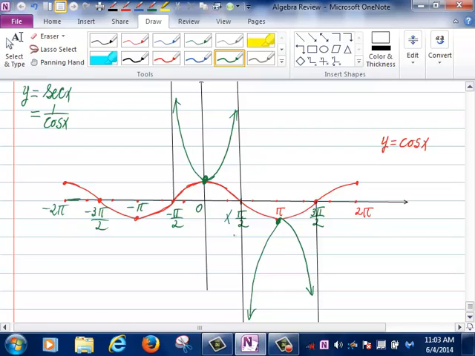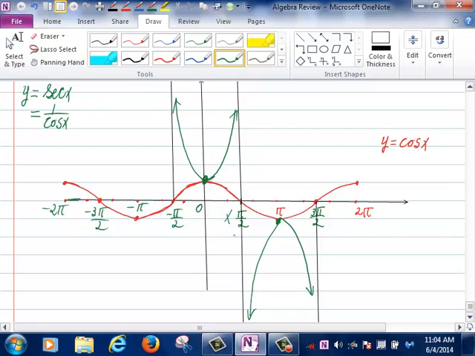Same thing happens here: when x is close to negative pi over 2, on the right side of negative pi over 2, cosine x is close to 0, so 1 over cosine would be big. And similarly, the same thing is happening here.